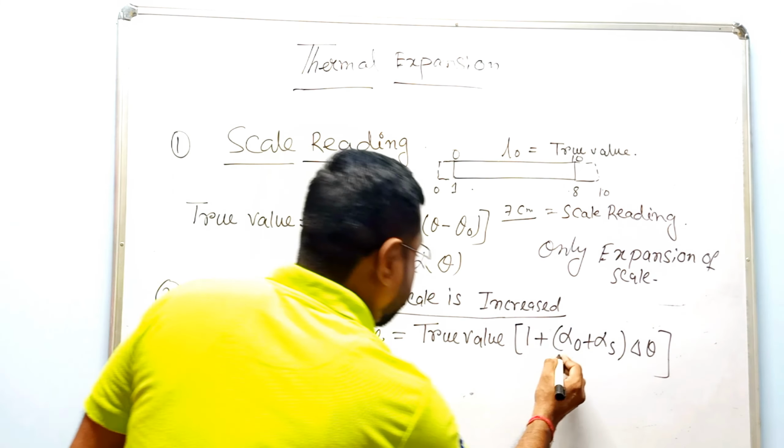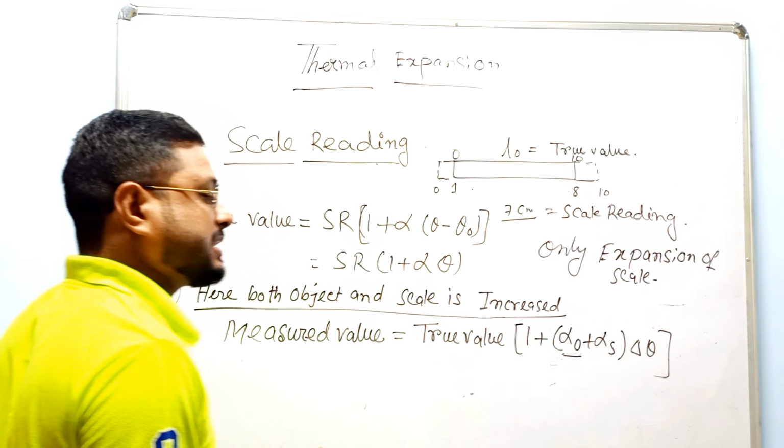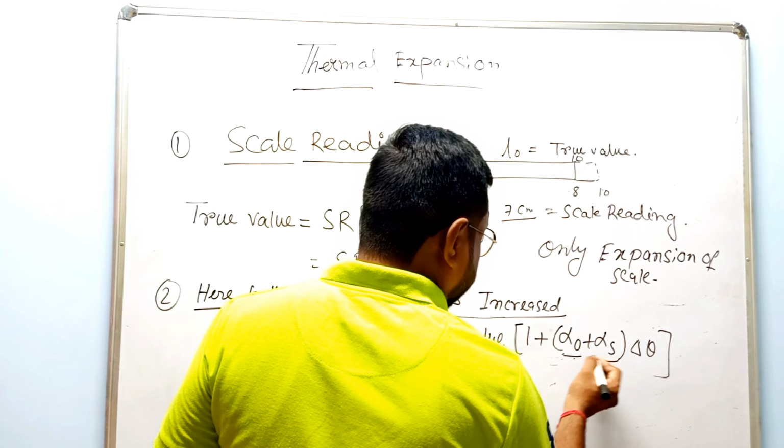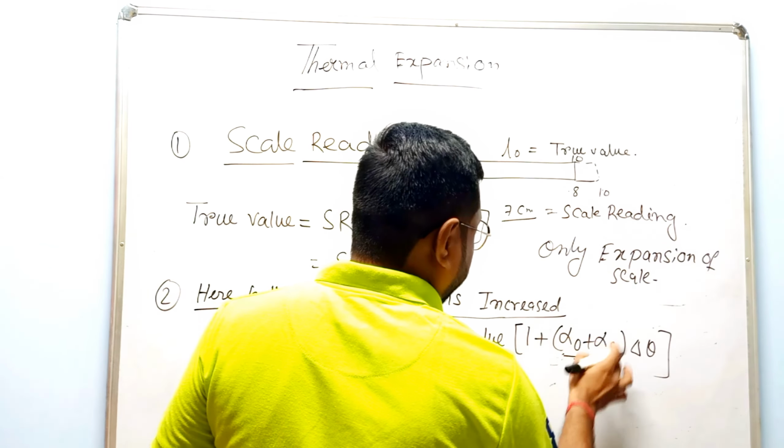Alpha 0 is the coefficient of linear expansion of the object. Alpha s is the coefficient of linear expansion of the scale.